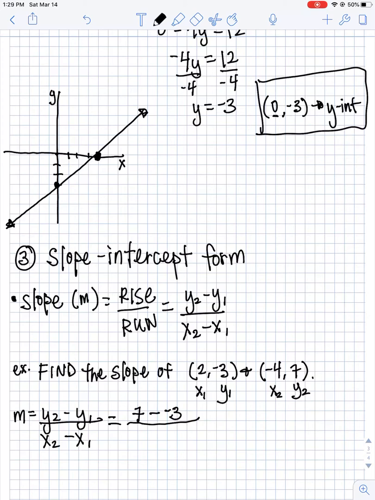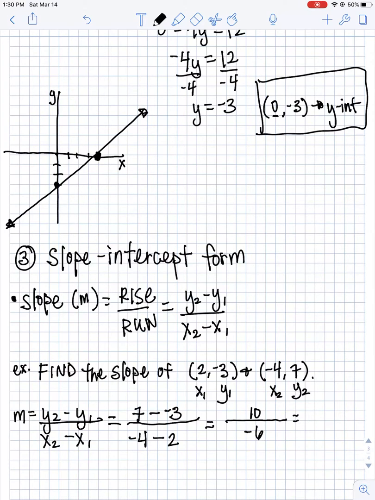On the denominator, we start with x2. x2 is -4, and we subtract x1, which we know is 2, okay? And so in my head, 7 minus -3, minus a negative, I'm saying is addition. So 7 minus -3, guys, is a positive 10. And -4 minus 2 is a -6.